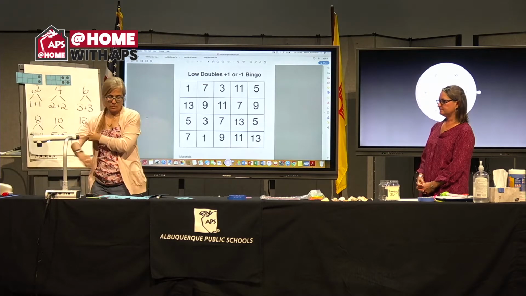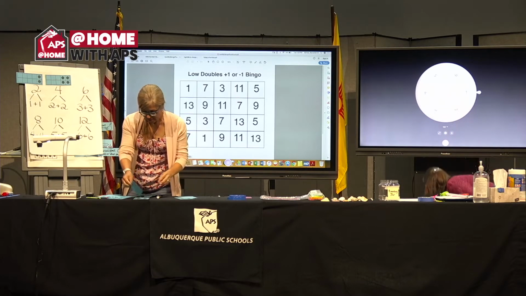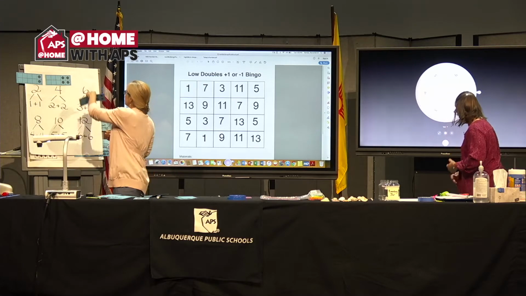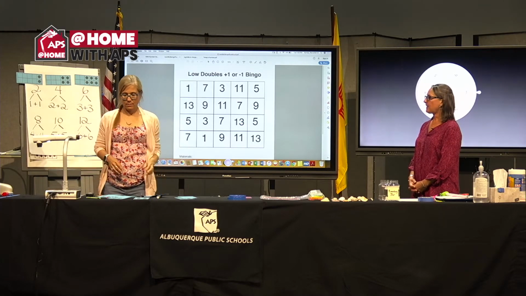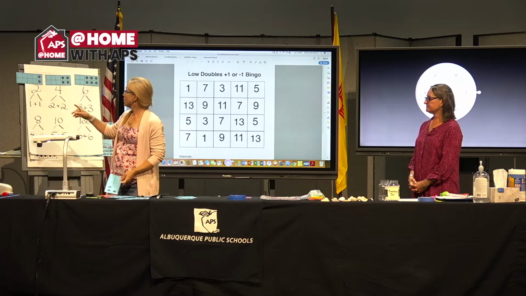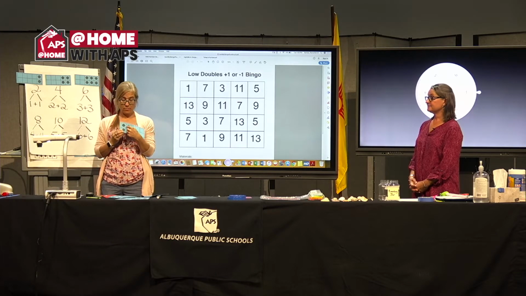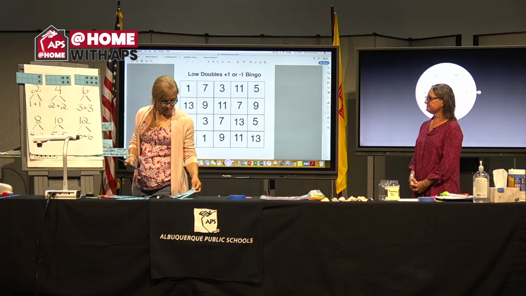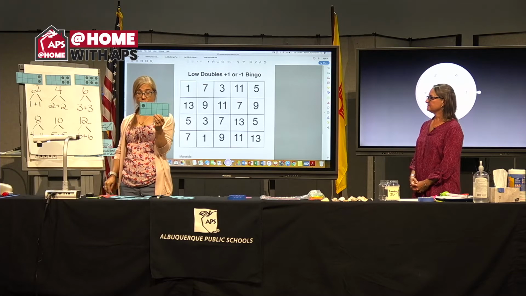And 3 and 3 makes 6. But what happens if we add or subtract 1? Right? So if I have 2 plus 2 and I add 1, then I get 3, right? I have an extra. If I have 2 plus 2 and I take 1 away, then I only have 1.